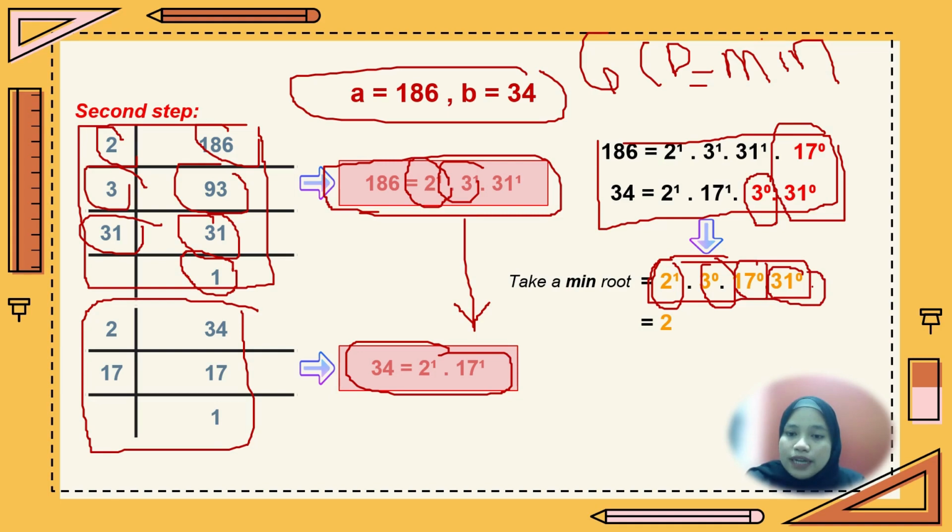In this part, it's important to know where the min root is. Between 1 and 0, which is the min? It is 0, so we choose 0. We list all of these and multiply them using a calculator, and the calculator gives the answer 2. That's all the steps for GCD using the prime number technique.